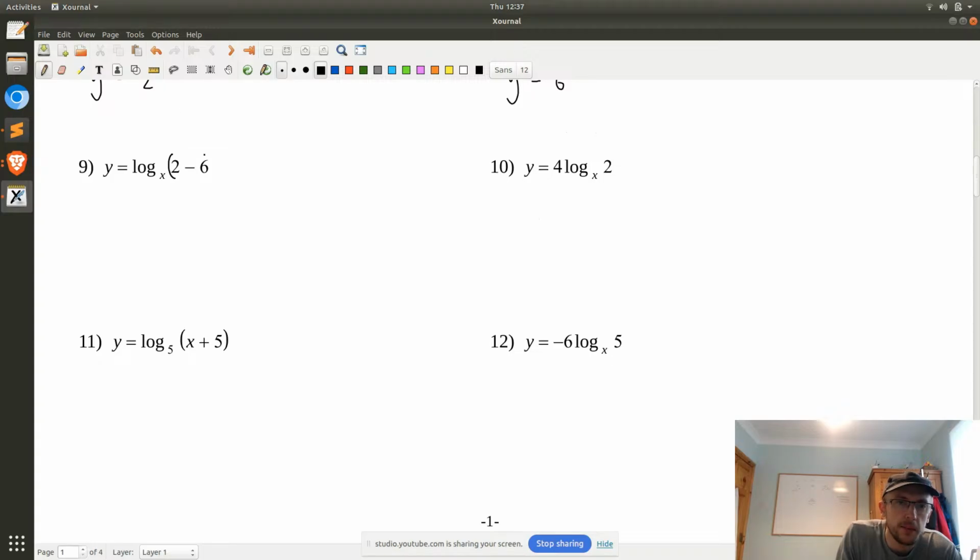They would put a bracket around if they meant that, but here this just means log base x of 2 and then take away 6 from it. So just a second. Add 6 to both sides first. Now do x to the power of both sides.